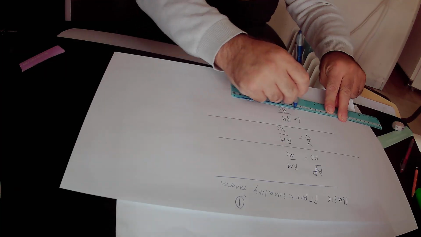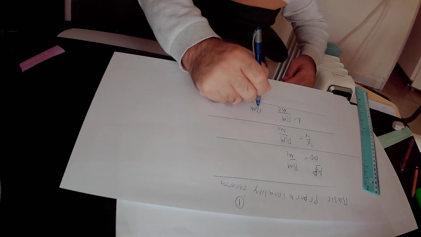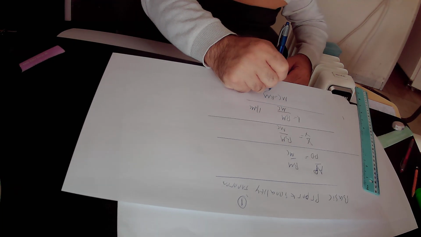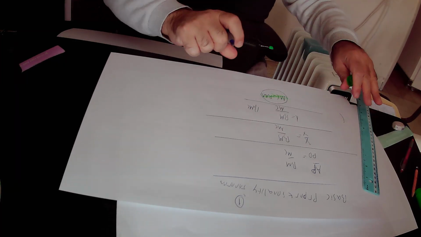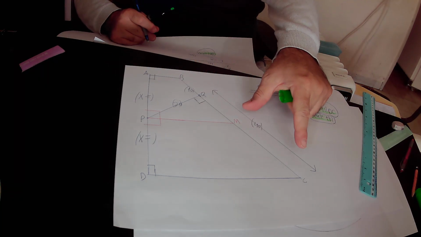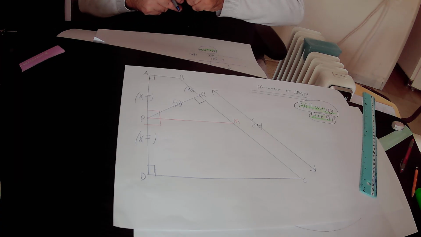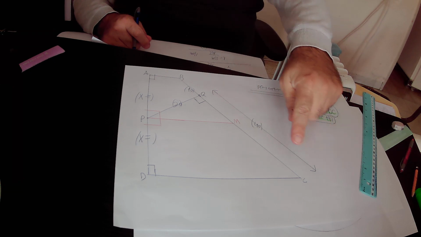Here we will multiply this equation by MC, and finally we get that MC equals BM. That is to say, line segment BM equals line segment MC. So it means that at point M, BC has been bisected into two halves.